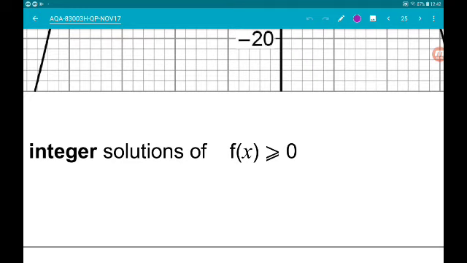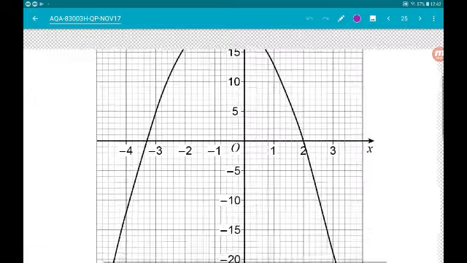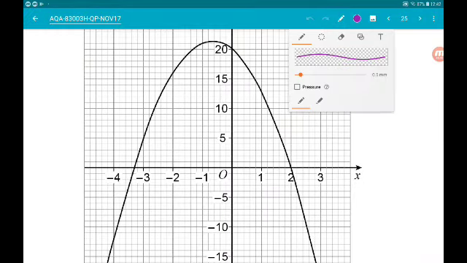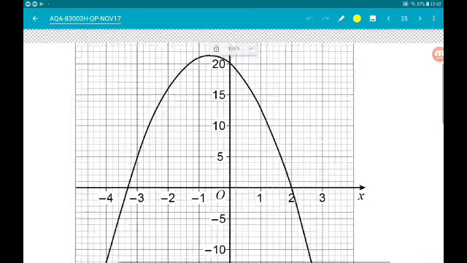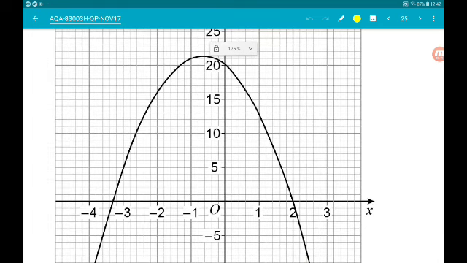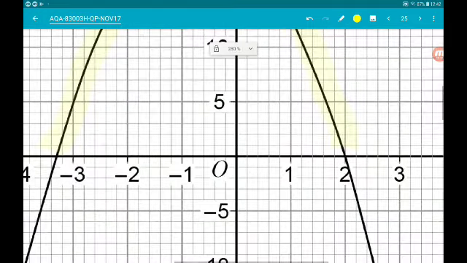So that means we want all the x values that make the function 0 or greater. So, in terms of the graph, we are interested in the part on and above the x-axis. So all of the integer values are these guys here.